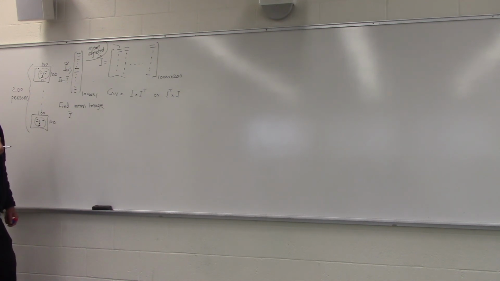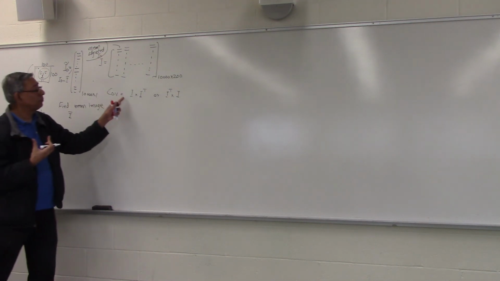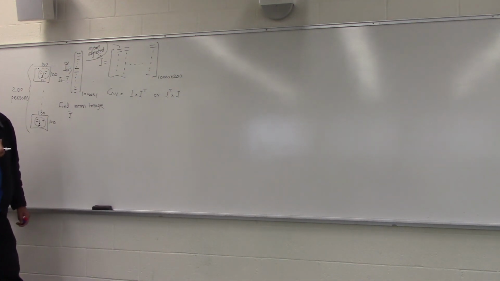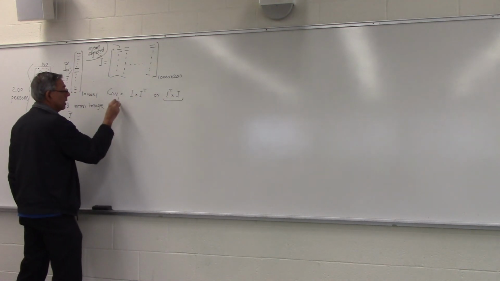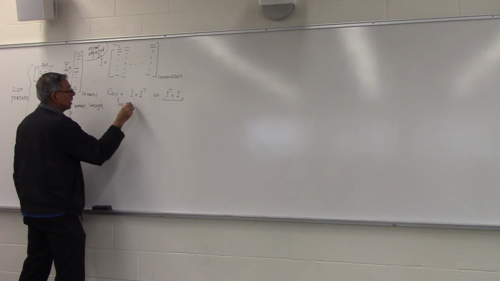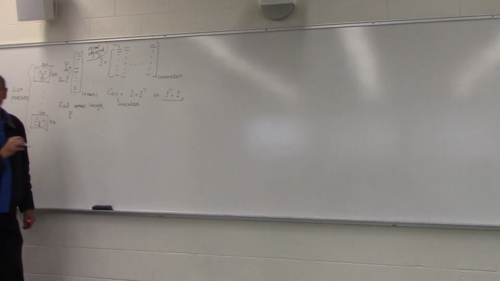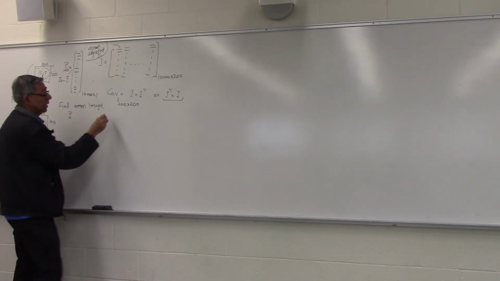For example, in this particular example, which one will be better? Second one, right? If we pick this, then this will be 200 by 200.